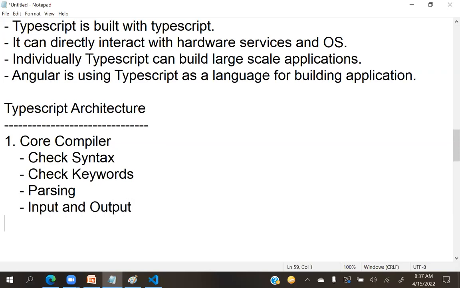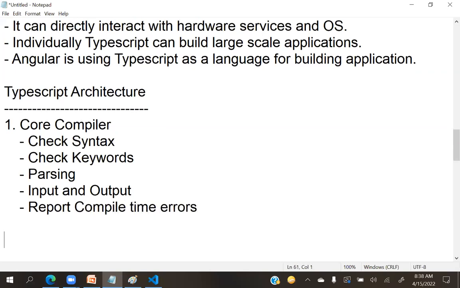All these are managed by the compiler. And if there is any problem, it will report errors, which we call compile time errors.